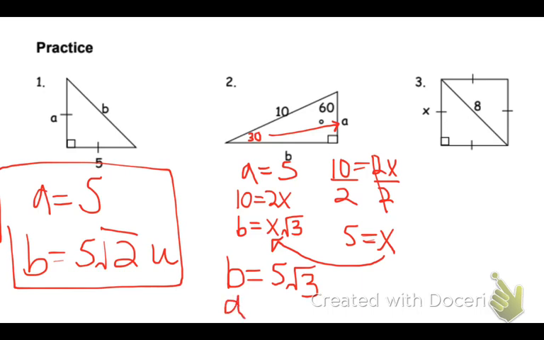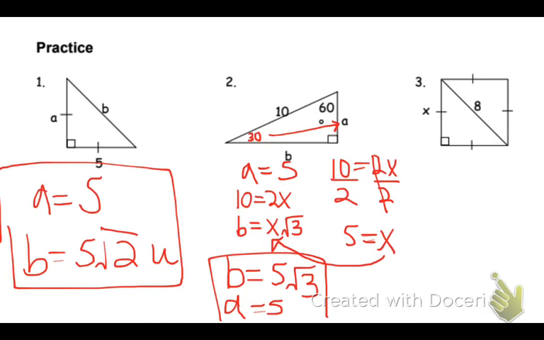So a is 5, b is 5 root 3, and we're done. We did all that just by following the pattern, and we were careful to figure out or pick which side was across from the 30-degree angle, which side was across from the 60-degree angle, and start there.